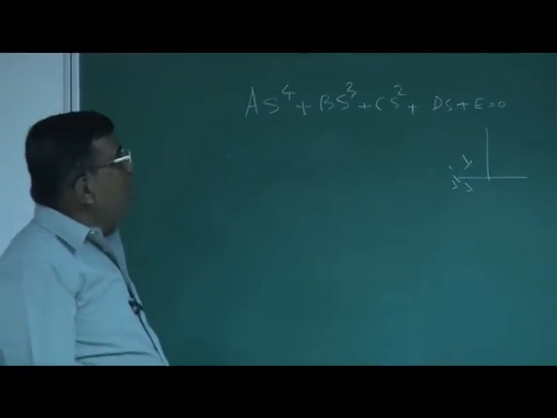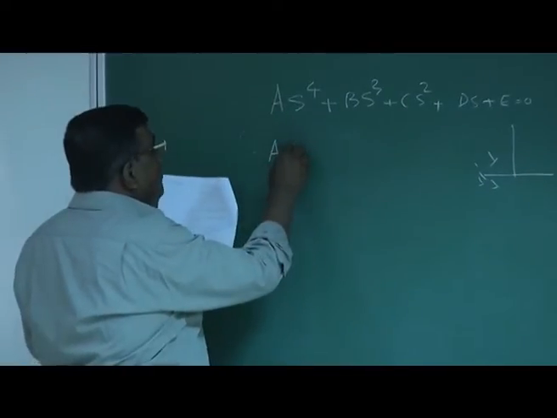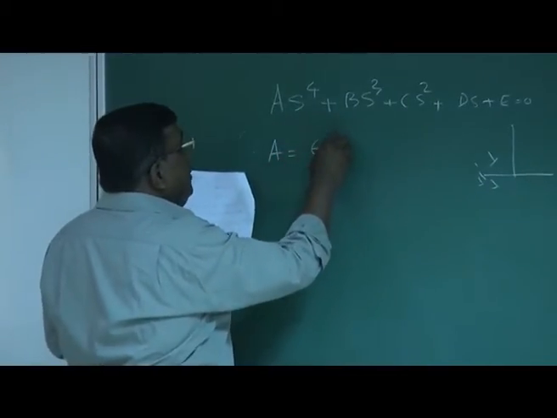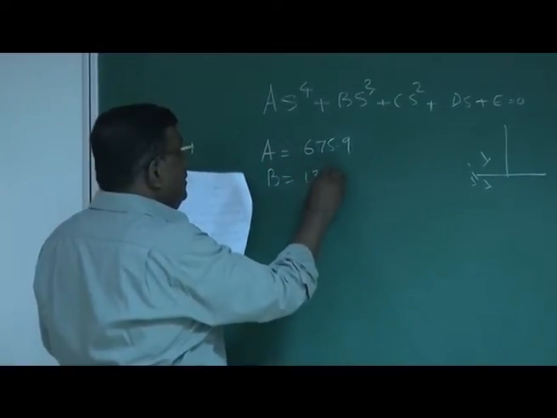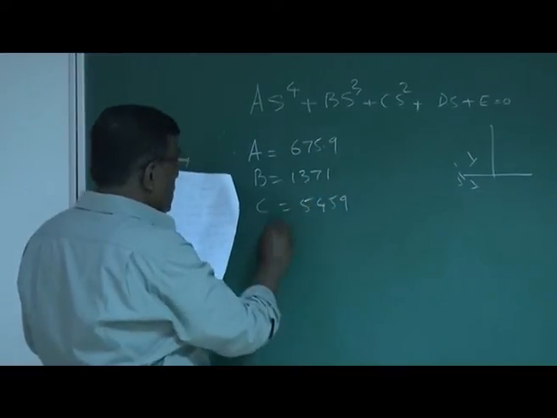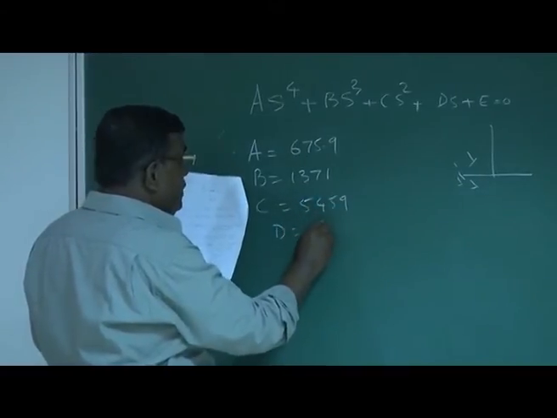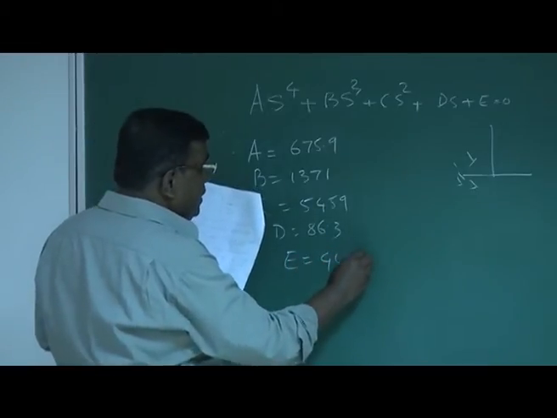But we have seen through one example where, for a given airplane, the value of A was 675.9, B was 1371, C was 5459, D was 86.3, and E was 44.78.